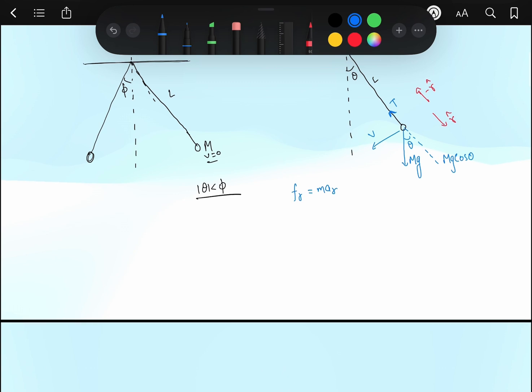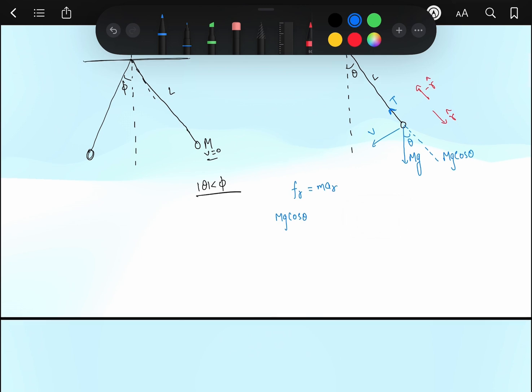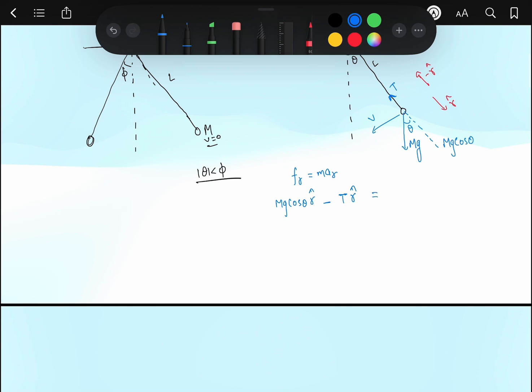That means mg cos theta in positive r cap, minus the tension in the negative r cap direction, so negative tension into r cap, will be equal to mass into the acceleration in the radial direction, which is always m times negative of v square by r. The negative sign here is for the negative r cap direction.